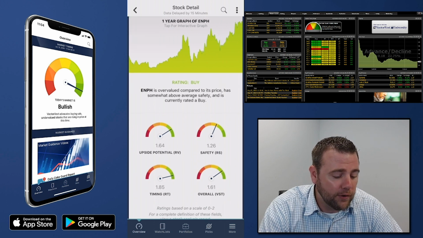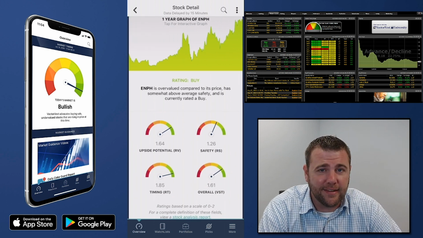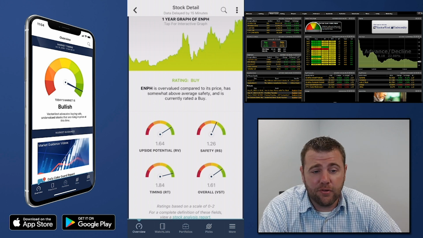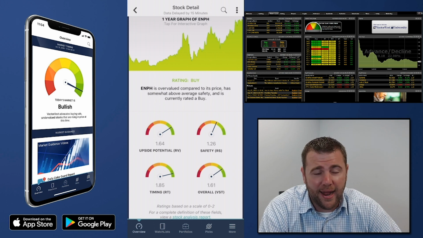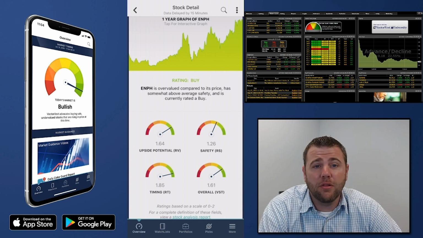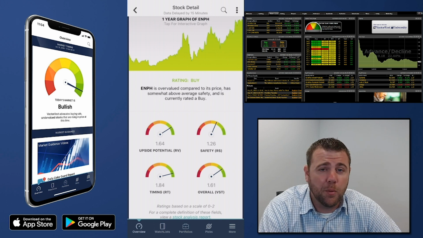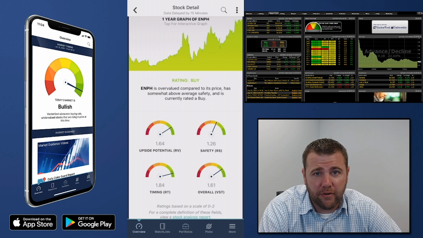ENPH. So you have 4 indicators that we use to analyze the stock. 2 are fundamental indicators. 1 is more of a technical indicator. All of them are cast on scales 0 to 2. All you got to remember is above 1 is good, below 1 is bad. First one is RV, the long-term potential compared to a AAA corporate bond or a relatively safe investment. So above 1 tells us we'd expect to see it outperform a AAA corporate bond over the next 1 to 3 years.